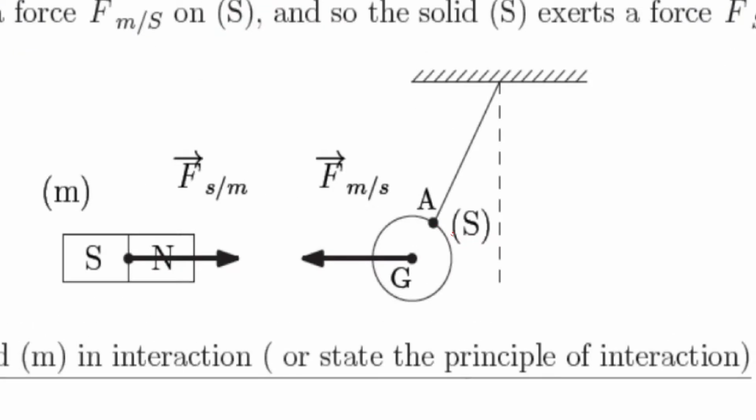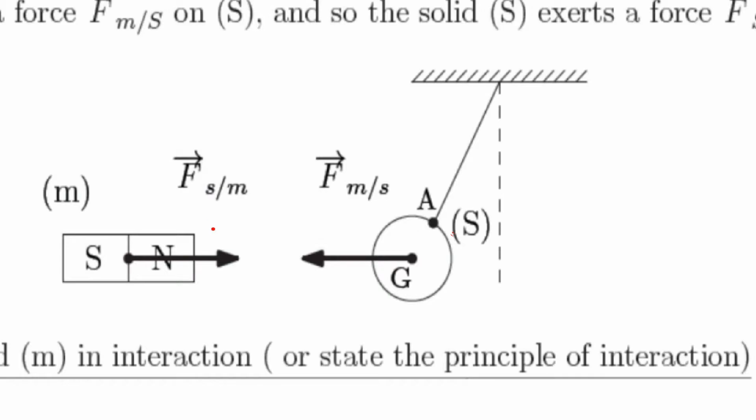So this is Fm on S, the force exerted by the magnet on the solid S. So this is the magnetic force, because we have a force exerted by a body on another. Then according to the principle of interaction, we have another force, so we flip these two letters. This force is Fs on M, which is the force exerted by the solid on the magnet.